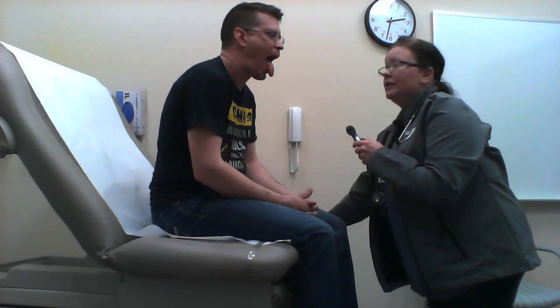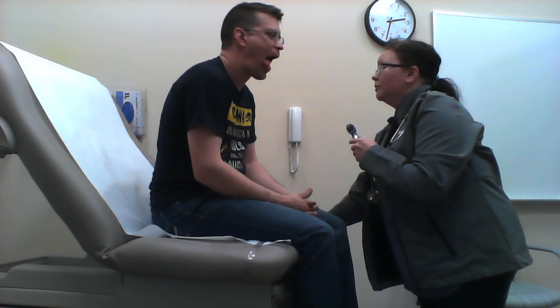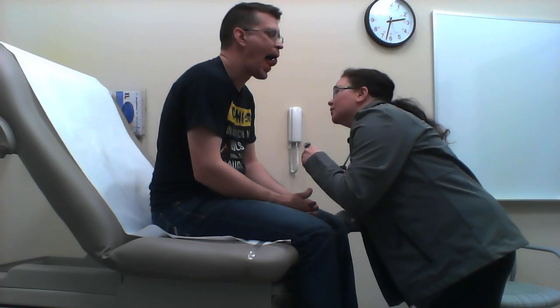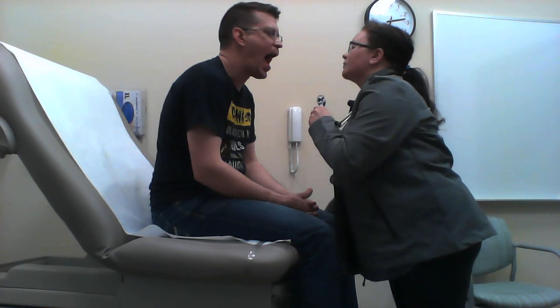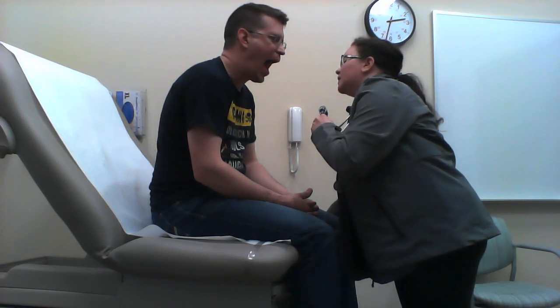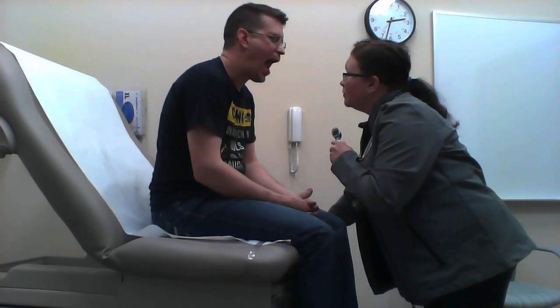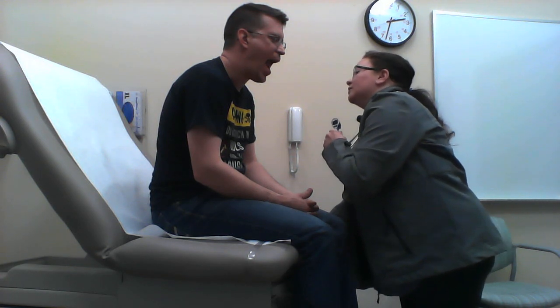That is a normal finding. Can you move it side to side for me? That's good. Normal. Raise your tongue up and look at the bottom of it. Okay. I'm looking at the glands. They look normal. I don't see any abnormal growths. Mucosa is nice and pink under the tongue.